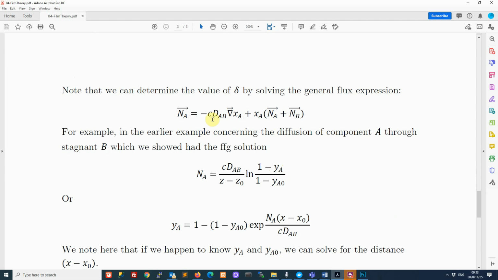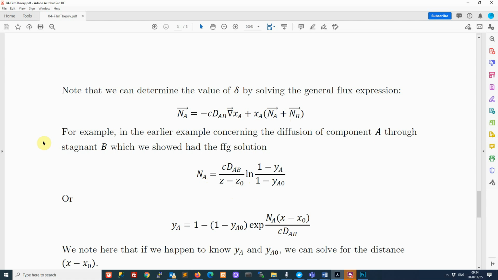So if we go back to our original development for the molar flux, right? Remember, this was our original form. And if we take the case where A is diffusing through stagnant B, if you go back and have a look at it, we found that it had this solution.